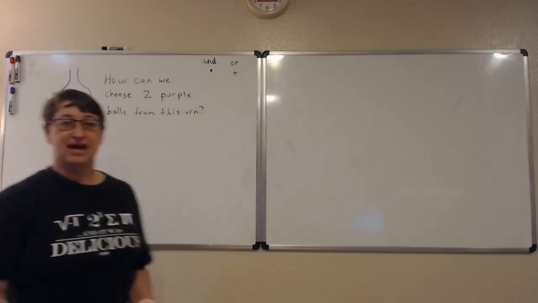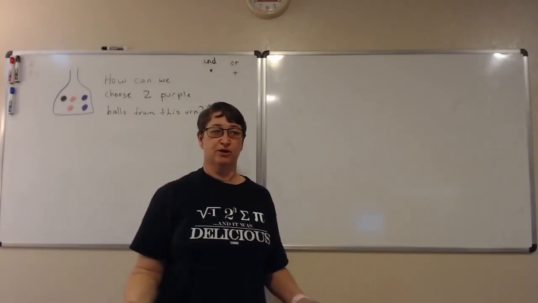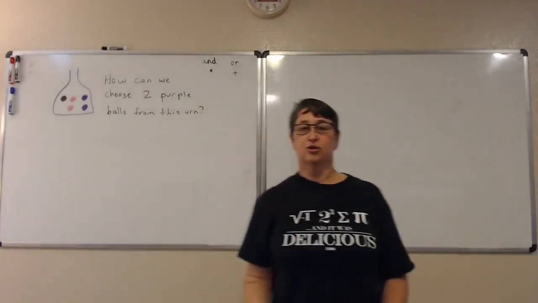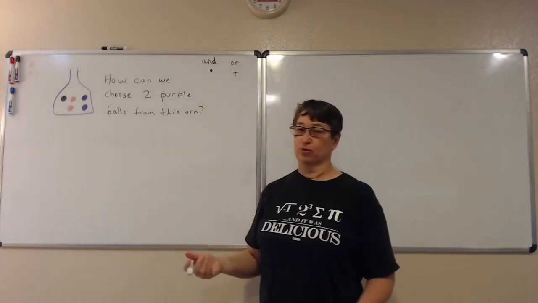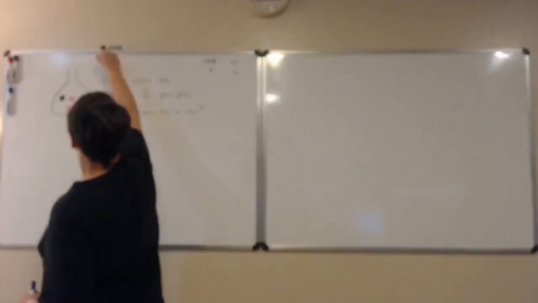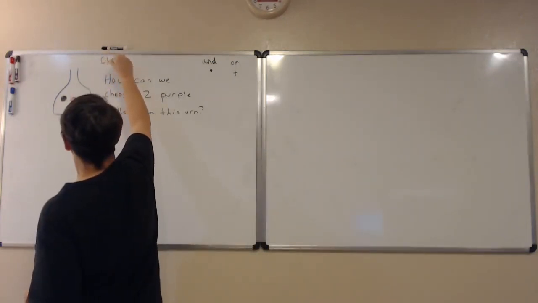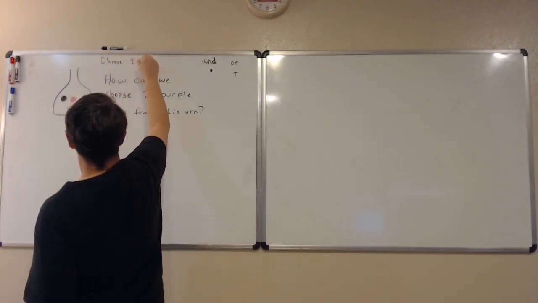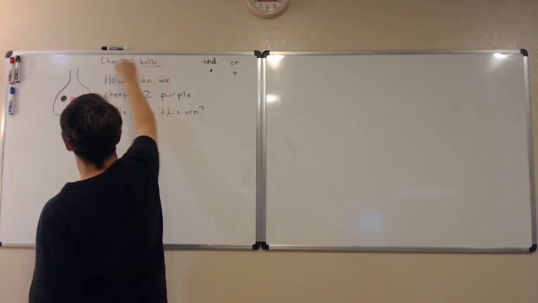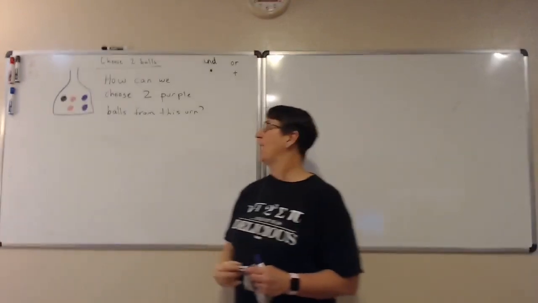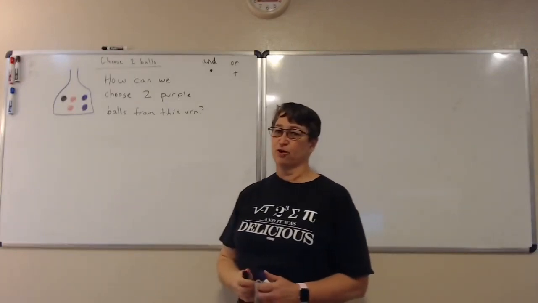Now, maybe we should decide how many we're going to pick from the urn to begin with. So when we get ready to choose out of here, maybe we're going to choose two balls from our urn to begin with. And then I want to know, how can we choose two purple balls from there?